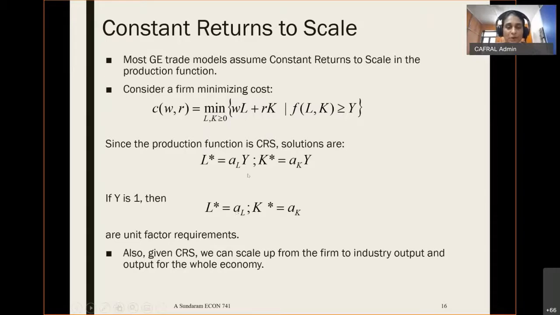So when the firm solves the cost minimization problem, you can get the optimal unit factor requirements, AL and AK, as functions of W and R. So the good thing is because we are in constant returns to scale, once I know how much labor and how much capital I need to produce 1 unit of machinery, footwear, I can simply scale up when I want to produce, say, 10 machines and 10 footwear. All I need to do is multiply AL and AK by 10 times. Right? So that's the idea of constant returns to scale. If you want to scale up output, just scale up the inputs proportionately. And that proportion is AL and AK.